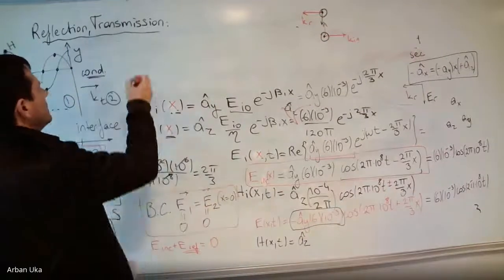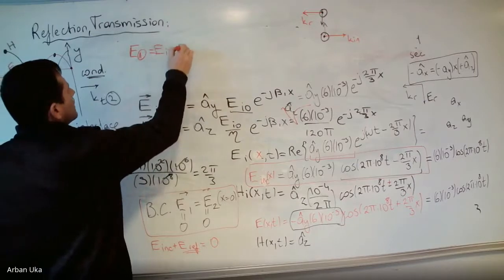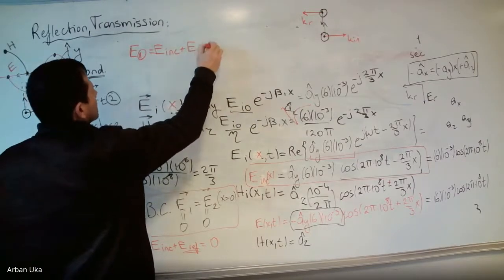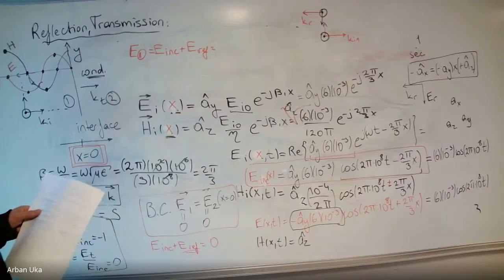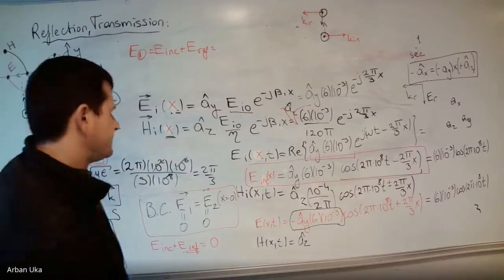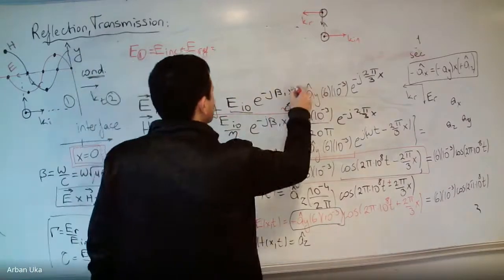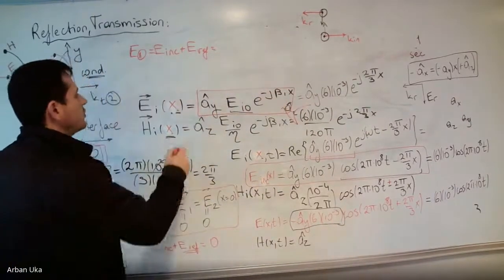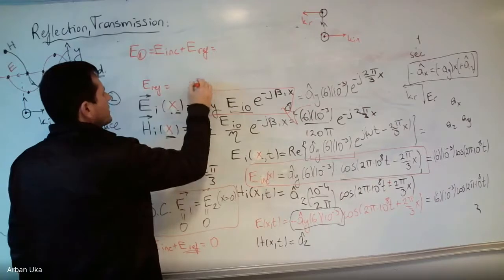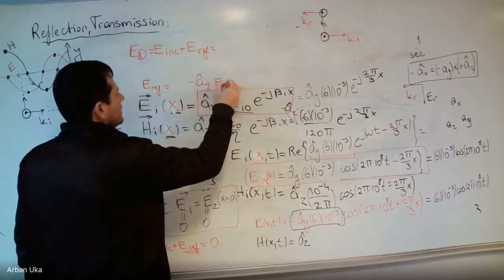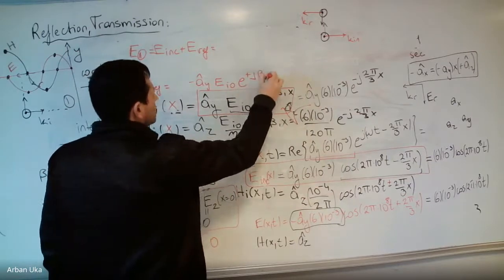So E1, the electric field in the first medium, should be equal to the incident plus the reflected electric field. Now we need to write a similar expression for the other wave, adding this phasor with another phasor. So E reflected is equal to minus AY, EI0, e to the power plus j beta 1x.